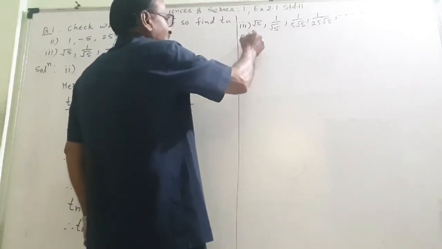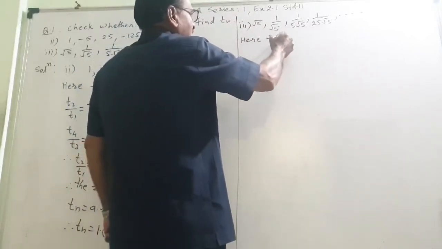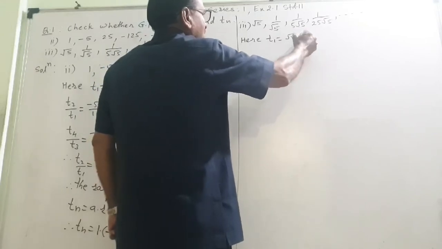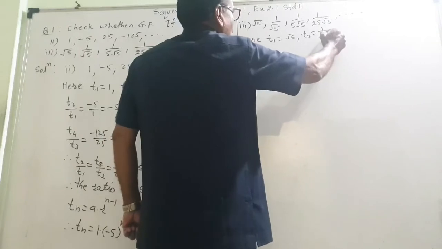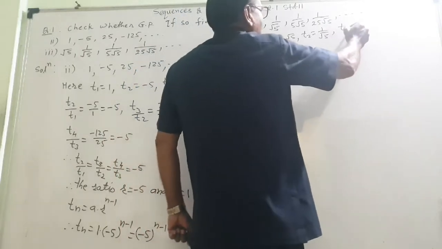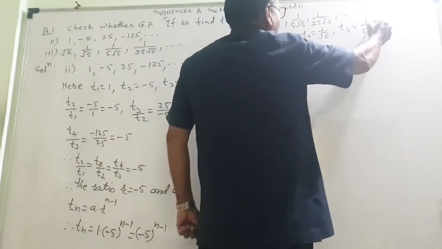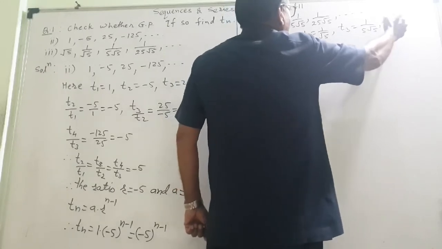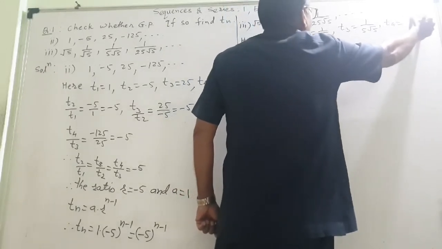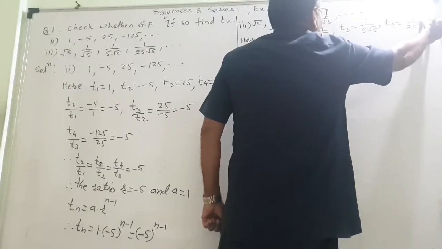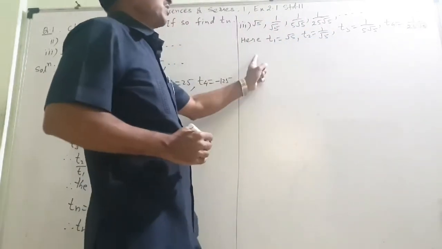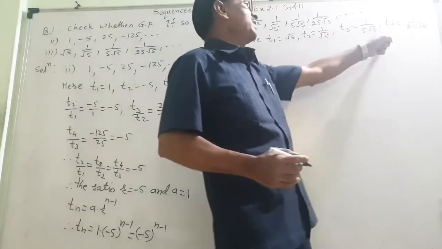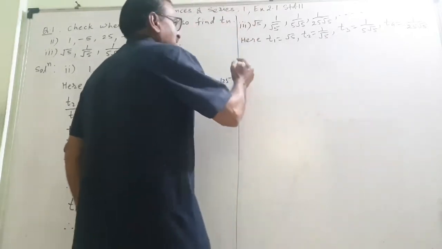Here T1 equal to root 5, T2 equal to 1 upon root 5, T3 equal to 1 upon 5 root 5 and T4 equal to 1 upon 25 root 5. Now I have to take the ratio T2 upon T1, T3 upon T2 and T4 upon T3.